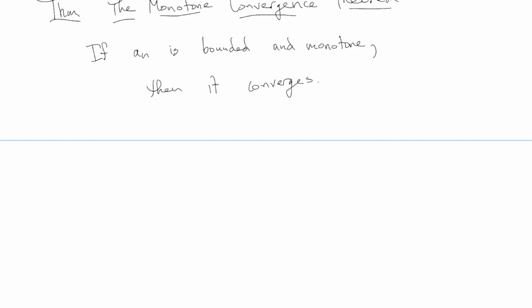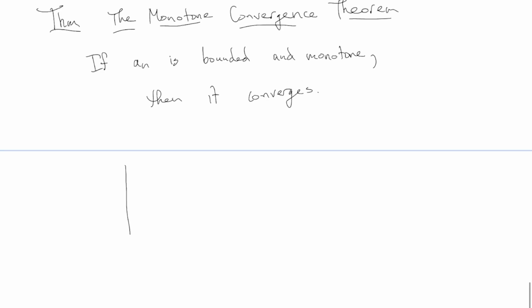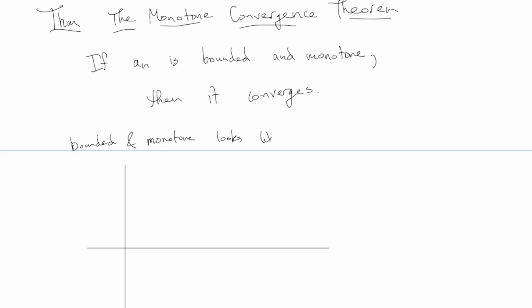If it's bounded and monotone, check it out. What does that mean? If I already know it's bounded and monotone, I'm going to try and draw a picture of what that means. It looks like a sequence where, first of all, it's bounded. That means there's some upper bound and lower bound, and all the dots I'm going to draw have to be in between those two horizontal lines.